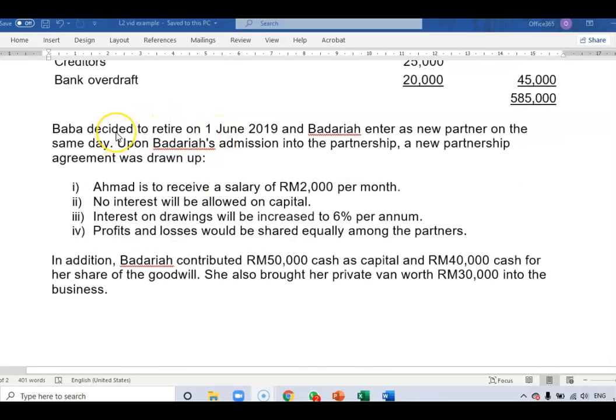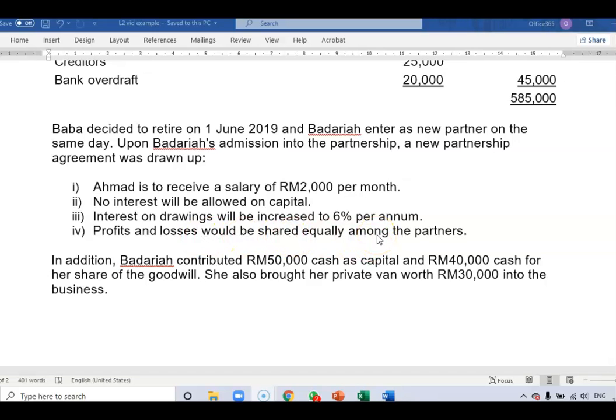Okay, let's say Baba, one of the partners, decided to retire on the 1st of June, and Badaria is a new partner, just joined on the same day. So once the new partner entered the partnership, they have a new agreement. Look at the bottom of number 4, Roman 4. Profit and losses will be shared equally.